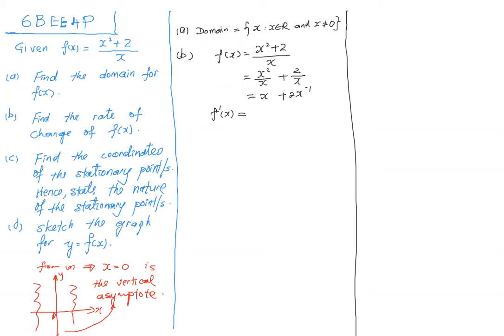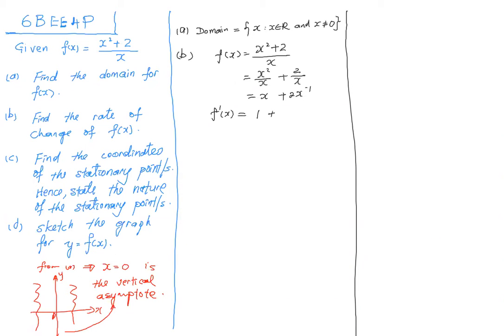So, Sarafina, can you give me the derivative? 1 plus 4x to the power of 3. Okay, 1 is correct. How about this one? 1 plus 1 minus 2x to the power of negative 2.